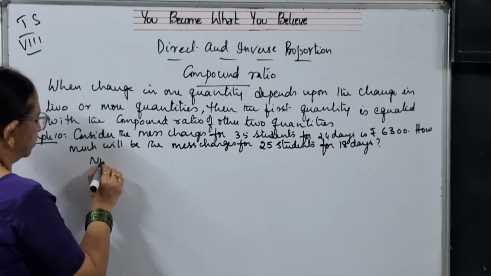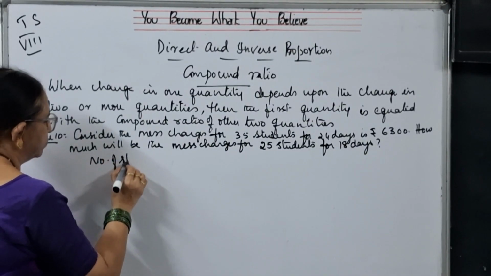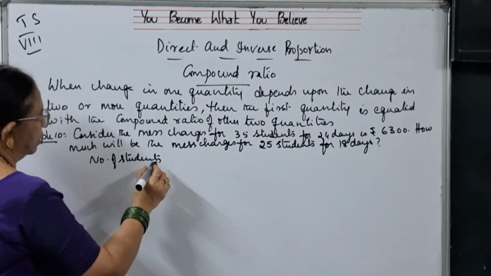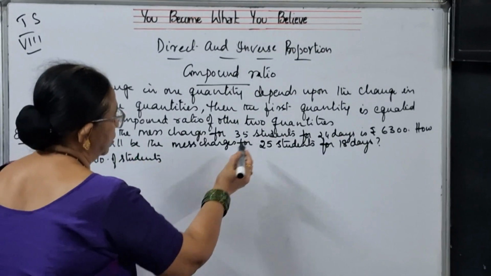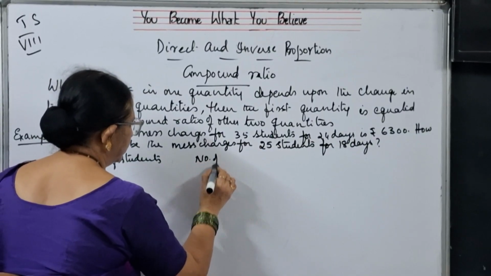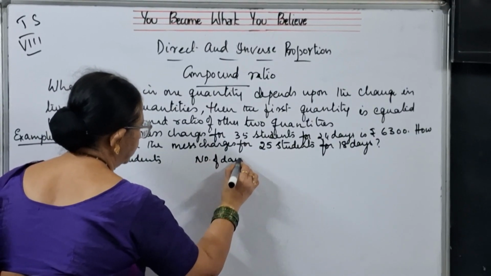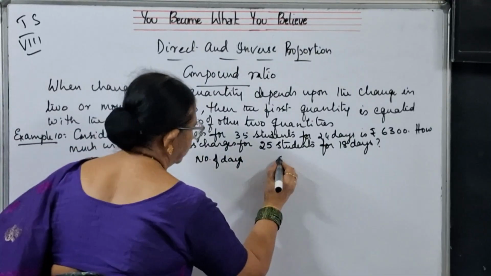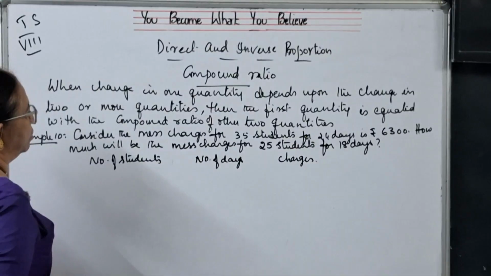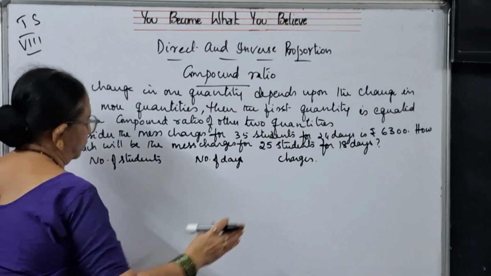Number of students, number of days, and charges. These are the three values you have got. First, let us take the values.